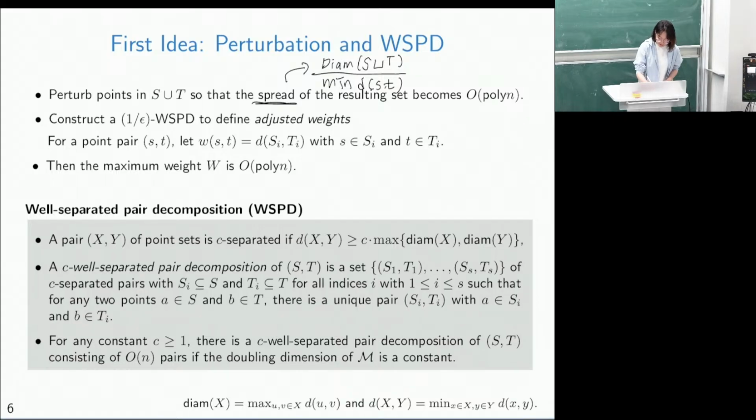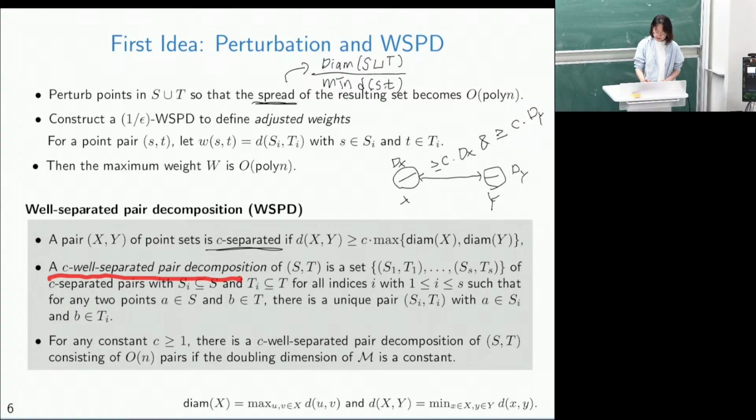First of all, two point sets X and Y are said to be C-separated if the distance between X and Y is at least C times the diameter of X and the diameter of Y. And a well-separated pair decomposition of two point sets is a set of well-separated pairs.